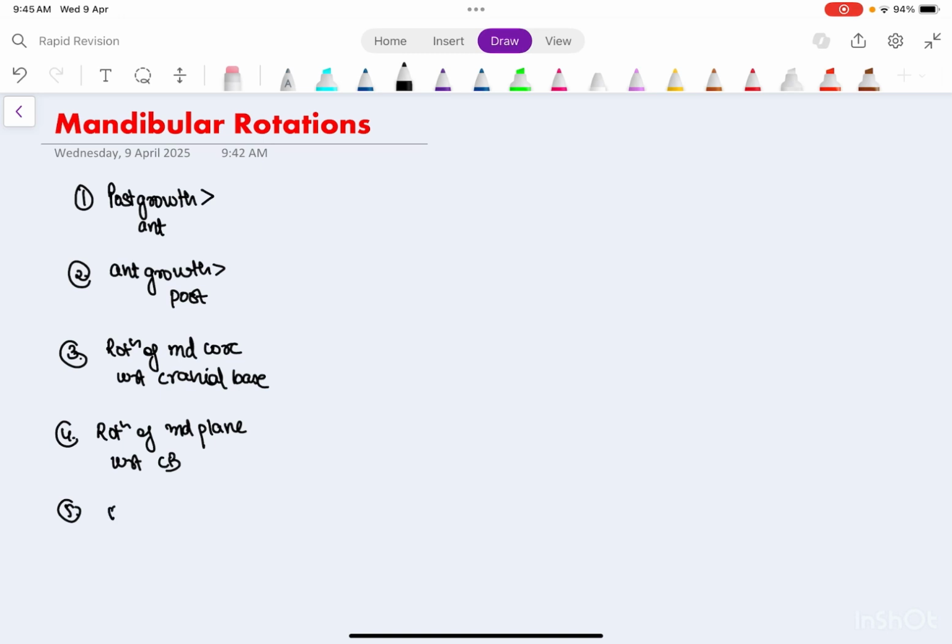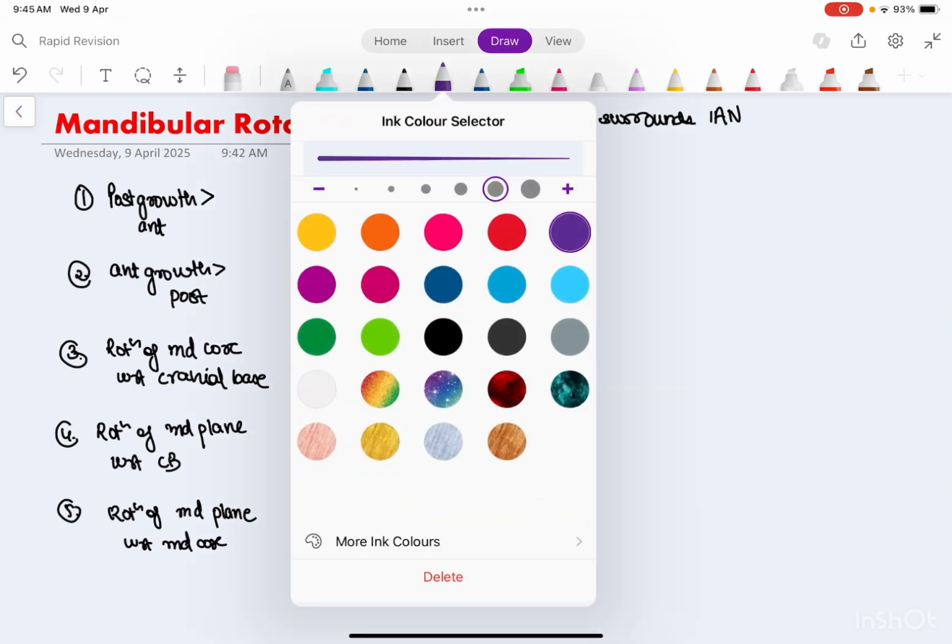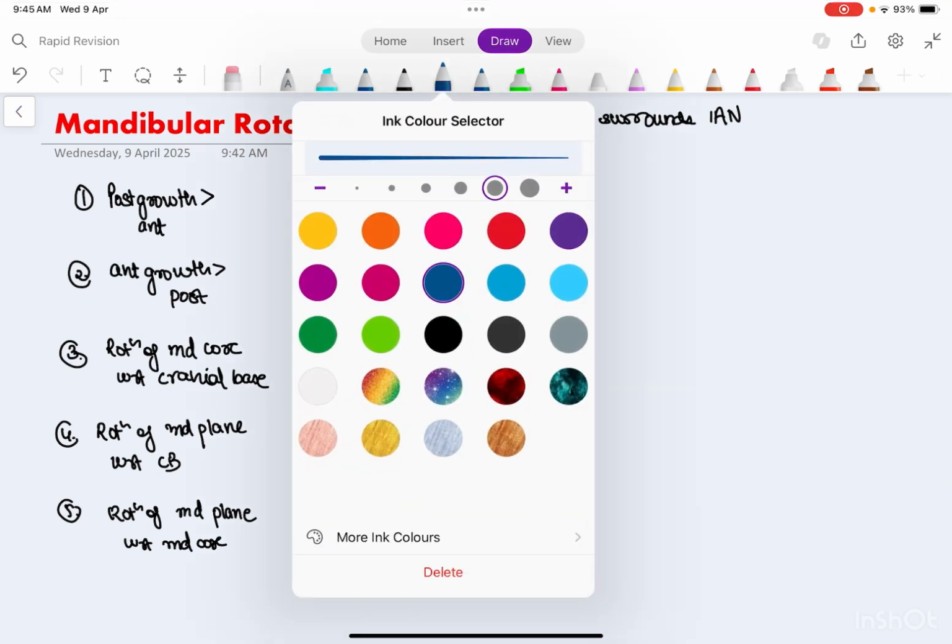Then the last one, rotation of mandibular plane with respect to mandibular core. Now here I want you to know that mandibular core is the bone that surrounds the inferior alveolar nerve.